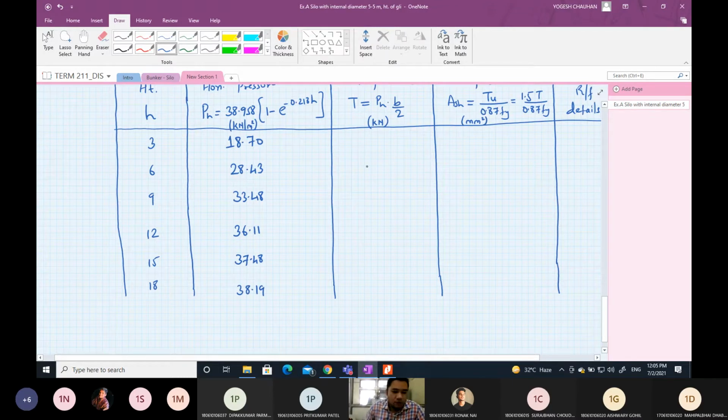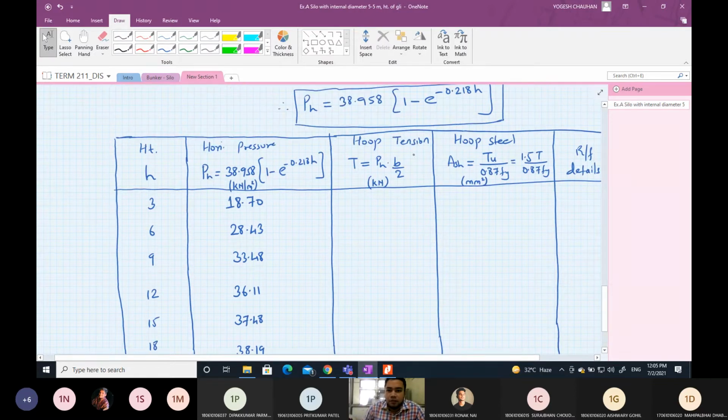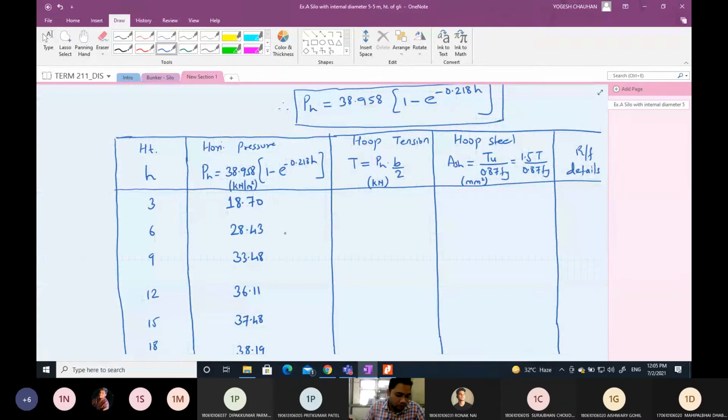Now with this pressure you can find the hook tension. Here B is 5.5, so it will be 18.7 into 5.5 by 2, that will be 51.425.